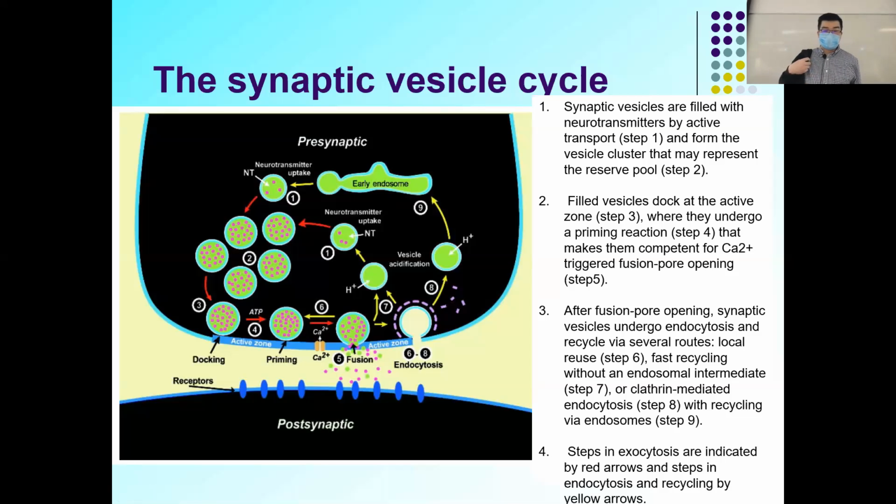It is very difficult to visualize what happens exactly, because the size of the vesicle can be seen by electron microscope only, as we have some pictures to show you. So that's the reason why we have to depend on a lot of imaging and also biochemical study, so that we propose how this can happen.